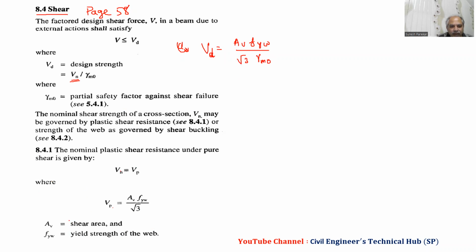And AV we have given as shear area, and FYW as yield strength of the web. And that we are going to calculate, that is the value of AV according to the properties of the cross section.